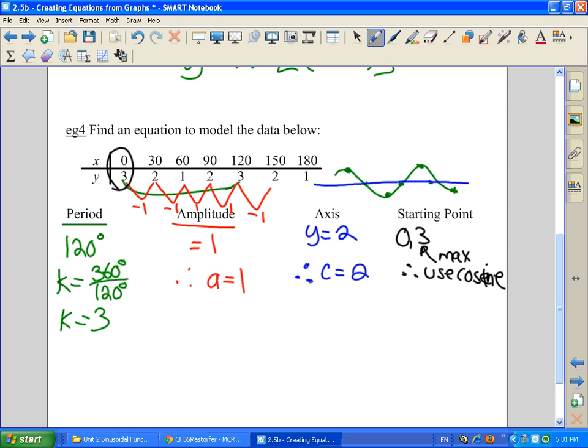We're starting at 0 and 3. Okay, so we're not starting at the origin. What does that tell us? That we're starting right at our maximum. That means there's no shift in our start value, which means D equals 0. Putting it all together now into our equation, y equals cos 3x plus 2.